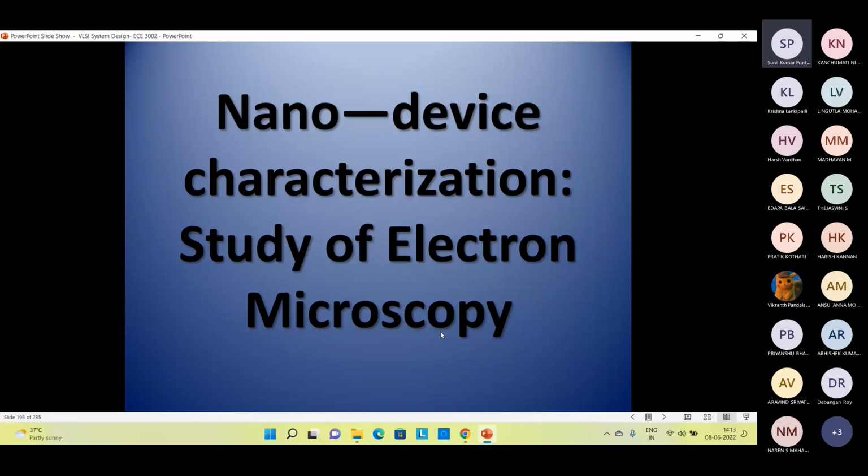As we discussed in our offline classes, the wavelength and resolution are interrelated, and it all depends on the electron energy and the accelerating potential, which is very important for characterization.